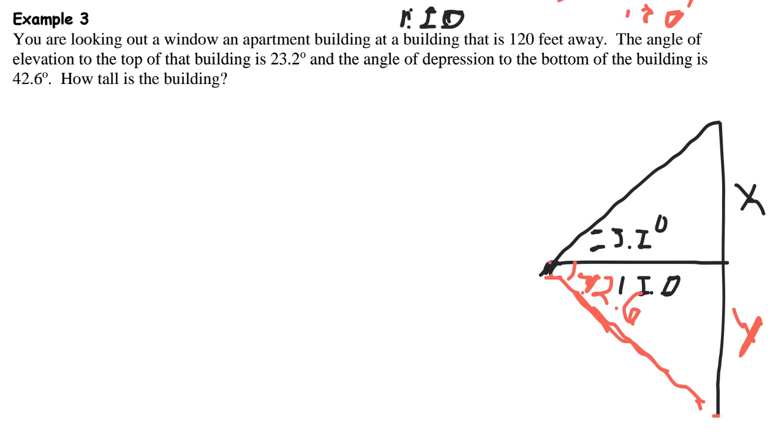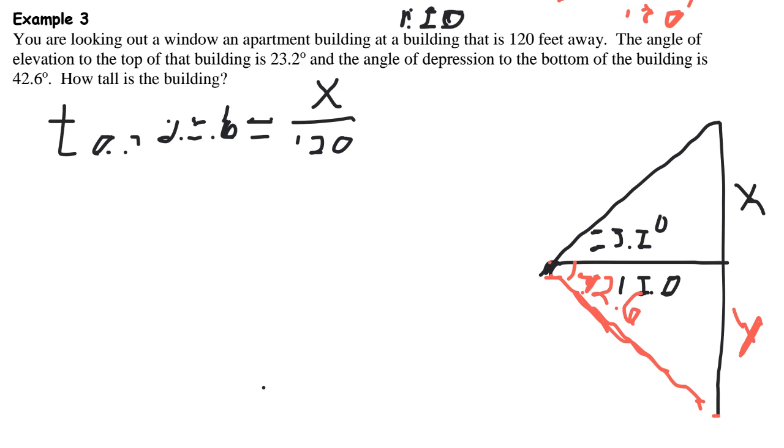So for your top one, tangent of 23.2 equals your X over your 120. 120 times tangent of 23.2 is 51.4.